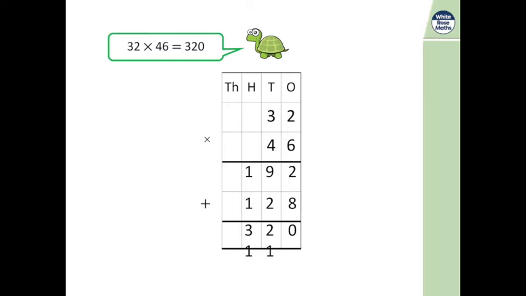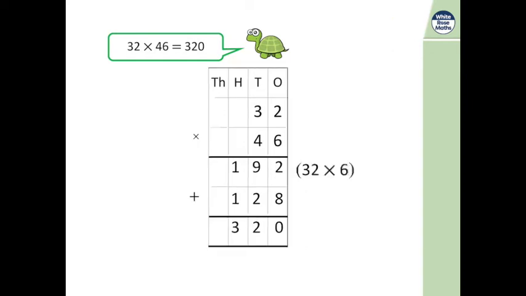Oh, here's Tiny. You know what he's like? He's always making mistakes. What do you think he might have done? Have a think. Did you spot it? He's multiplied 32 times 6. He's got that right. He's tried to multiply 32 times 4. Well, it's actually 32 times 40.